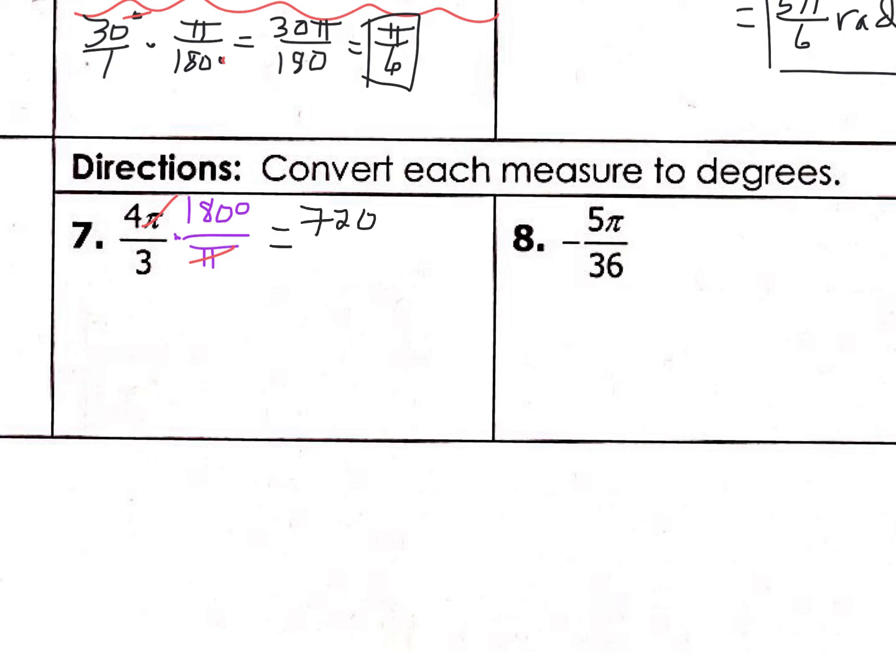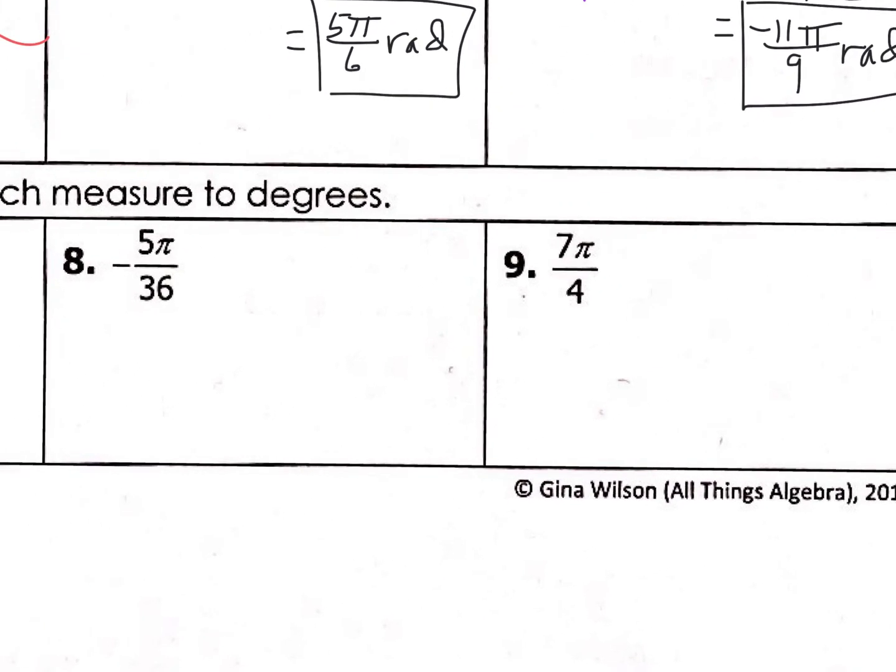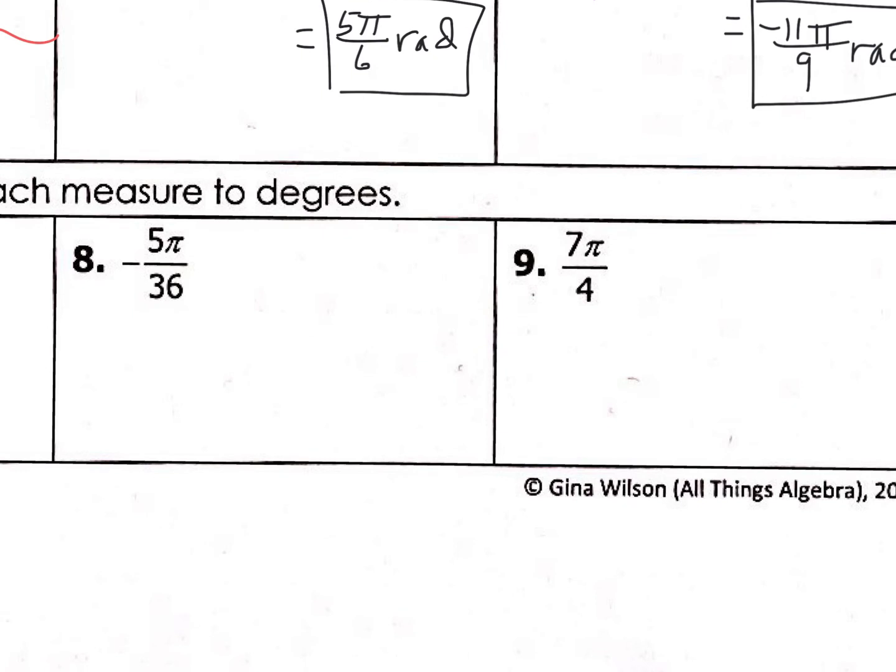So we get 720 degrees over 3, and then 720 divided by 3 is 240 degrees. Remember, our degrees did not cancel out, and that is our unit of measure. Okay, so you try this for 8 and 9. Pause the video, multiply by 180 degrees over pi, and then let's check your math.